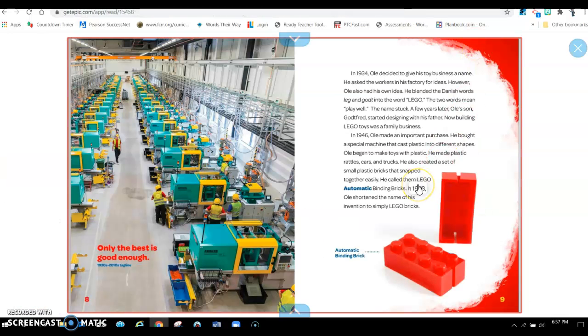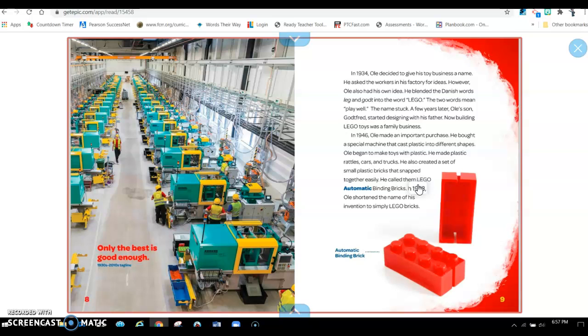All right. So previously we read the author was trying to teach us that Legos is a brand. It's not just toys, but they also have games. They also have movies and theme parks. We also learned that those toys are used and created to make bricks.